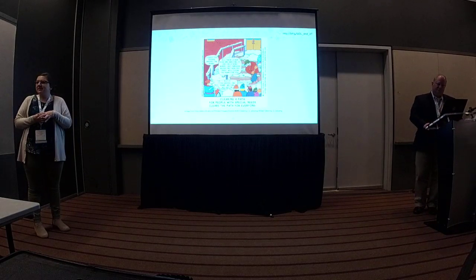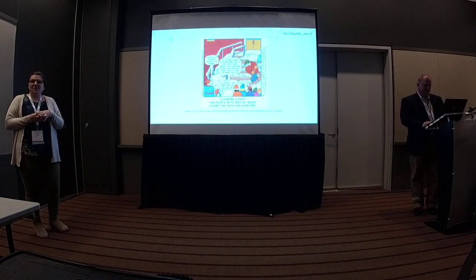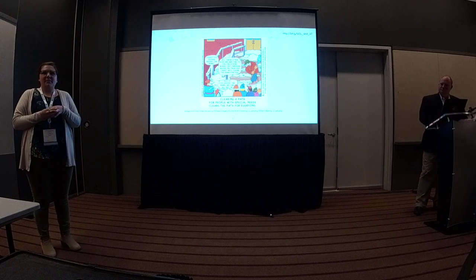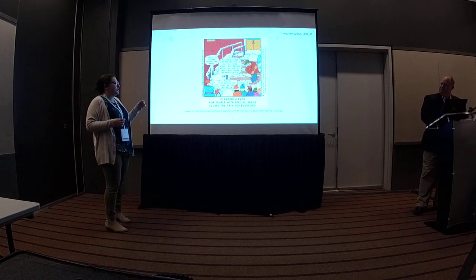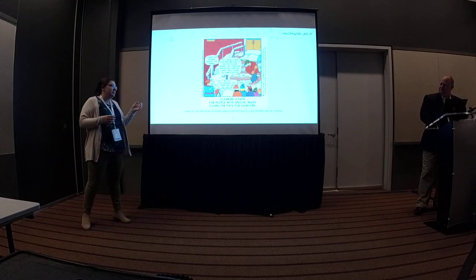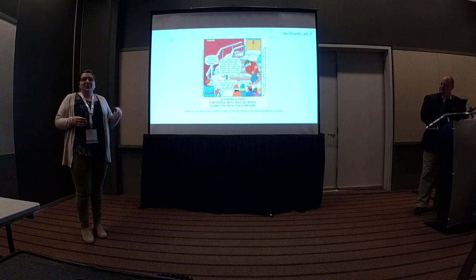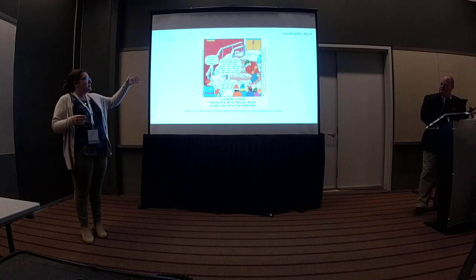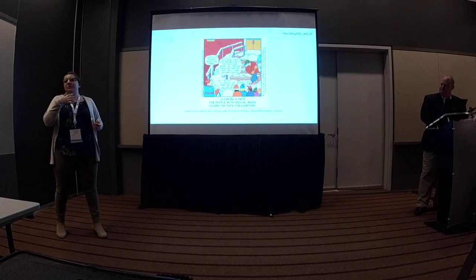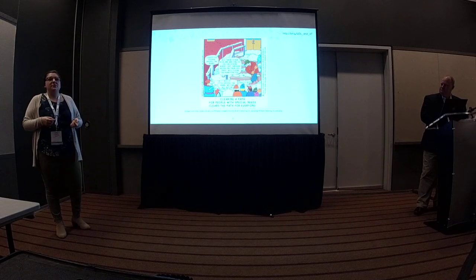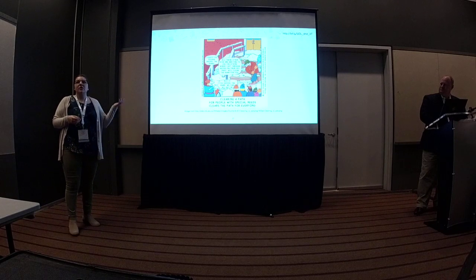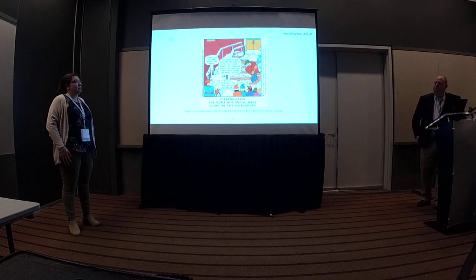Has anyone ever seen this little cartoon? I feel like I can't talk about UDL without showing it. If you can't see, I know it's kind of hard to see from the back, but it says clearing the path for people with special needs clears the path for everyone. So if the man shoveling the stairs would have shoveled the ramp, everyone could go up the ramp. But because he only shoveled the stairs, only a certain number of students could go up the stairs, and there's still one who's waiting to use the ramp.